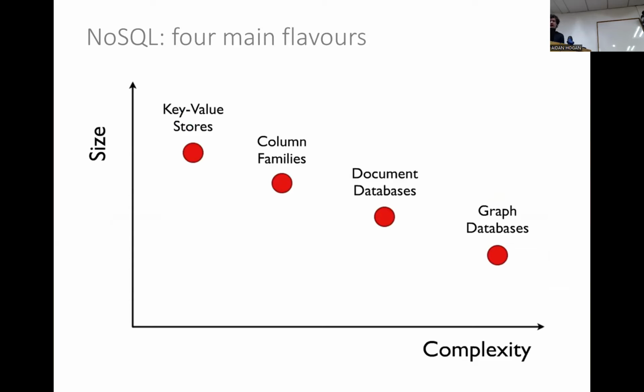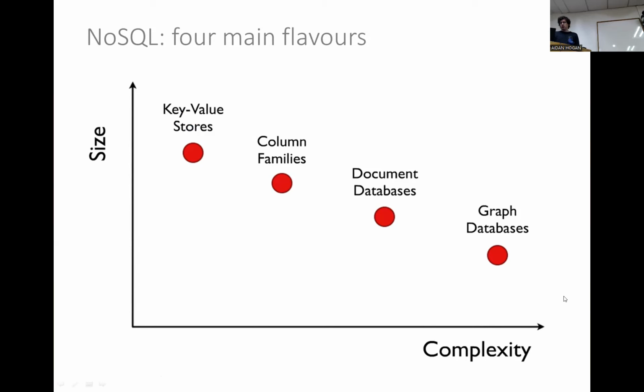So in terms of the trade-offs, I mentioned that essentially these NoSQL systems tend to trade off 2 dimensions. So one dimension is size or scale, yeah, and the other is complexity, yeah. So here we have 4 very high-level categories of NoSQL systems. So we have key value stores, column families, document databases, and graph databases. So graph databases are the most complex of these categories of NoSQL systems.